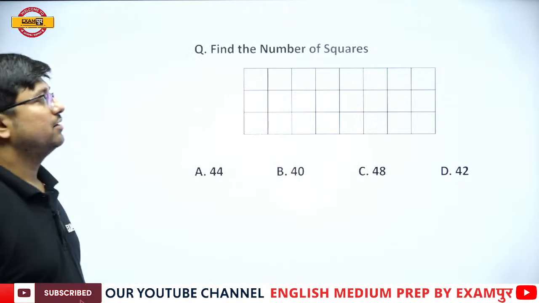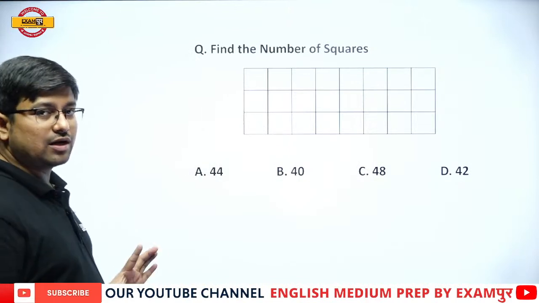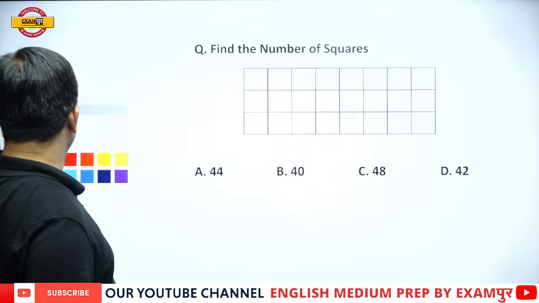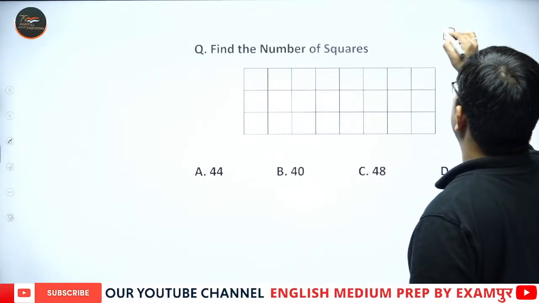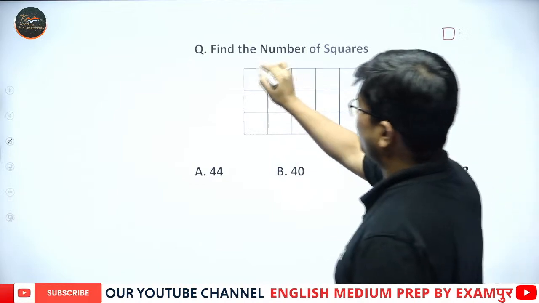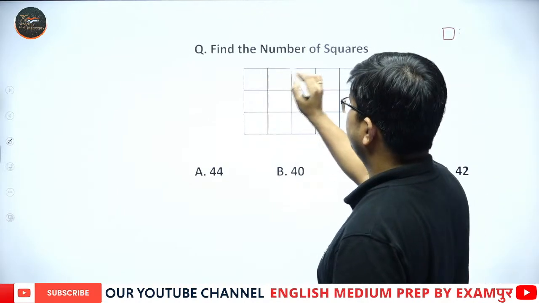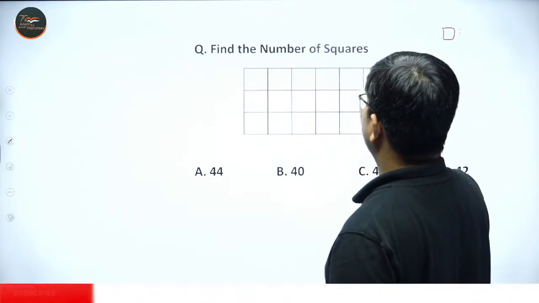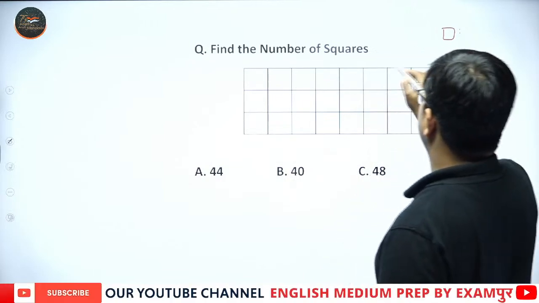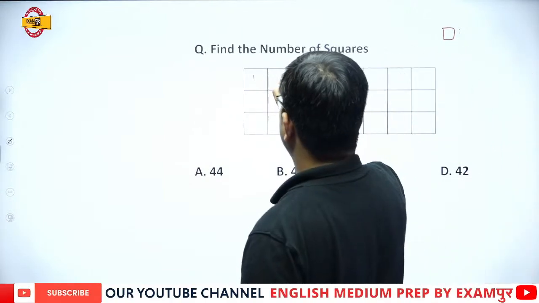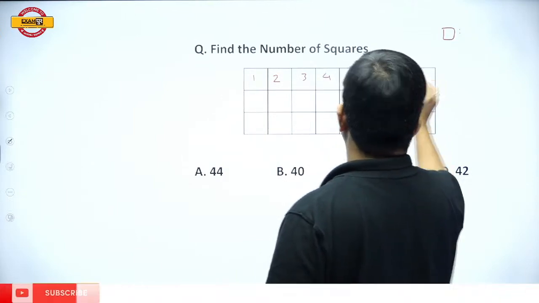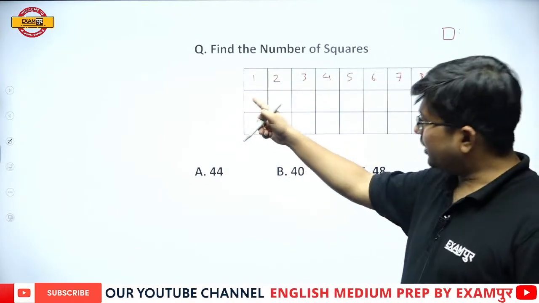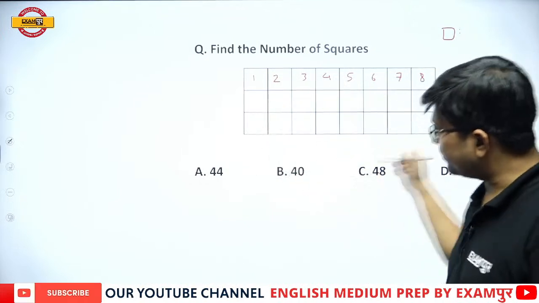Okay, now see. Let us first do the manual counting. Let us count the individual squares: 1, 2, 3, 4, 5, 6, 7 and 8. So 8 squares are over here, 8 squares will be here also, and 8 here also.